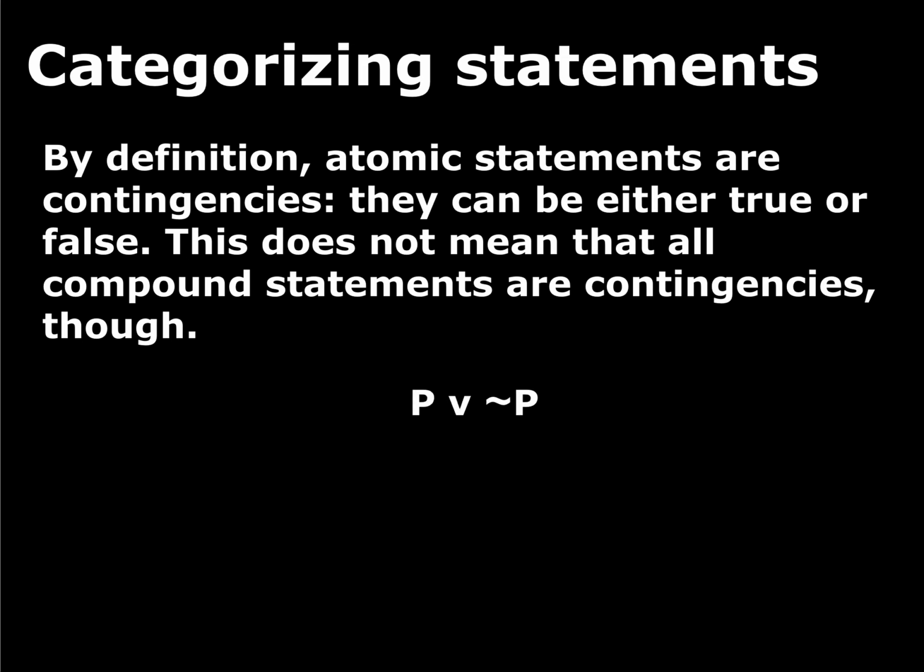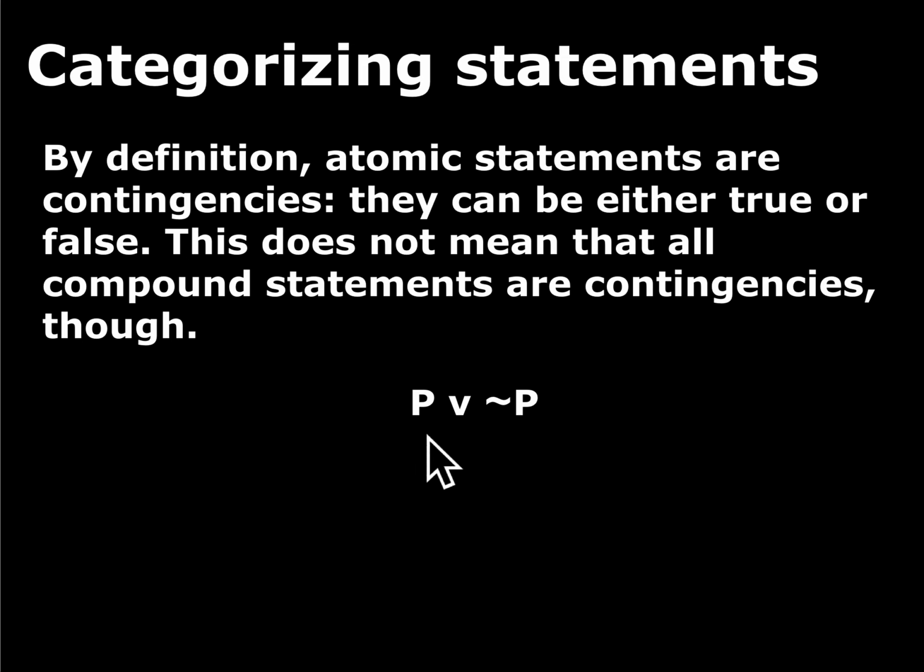Now here's an example. You might think to yourself, well, how is it that a statement would have to be true or a statement would have to be false? Can't any statement potentially be true or false? Maybe, and if you're thinking that way, you might think that all statements are contingencies. Well, not really.